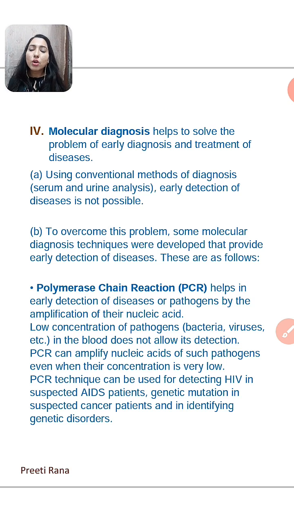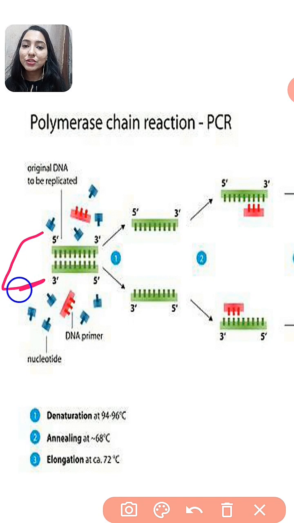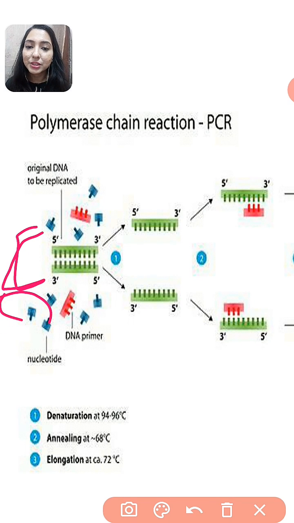PCR techniques can also be used for detecting HIV in suspected AIDS patients, genetic mutation in suspected cancer patients, and in identifying genetic disorders. This diagram shows the PCR technique. The DNA needs to be replicated. The blue thing here is the nucleotide and the red is the DNA primer.